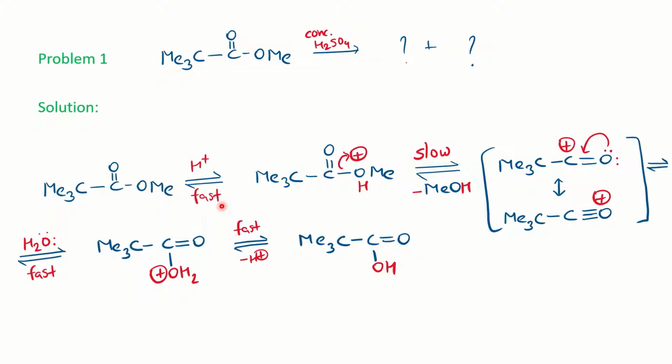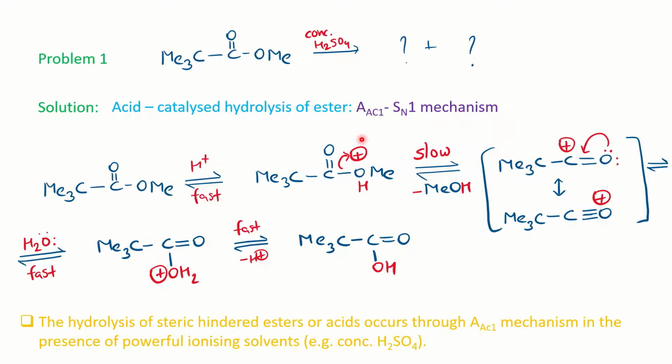So what is the mechanism here? It is acid catalyzed acyl cleavage unimolecular, right? Acid catalyzed acyl cleavage unimolecular. Since the carbocation is formed here, the mechanism is SN1 mechanism. So it is easy to identify.